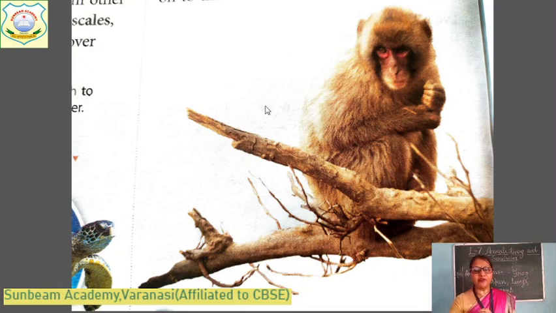While they jump from one plant to another, their tail helps them to maintain balance. This is the adaptation of the arboreal animal. What is the meaning of arboreal animals? Animals which live on plants or trees are called arboreal animals.